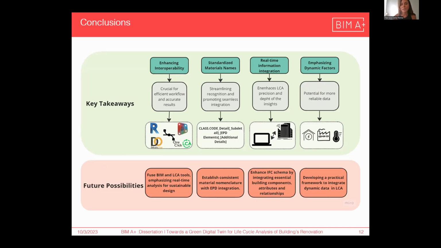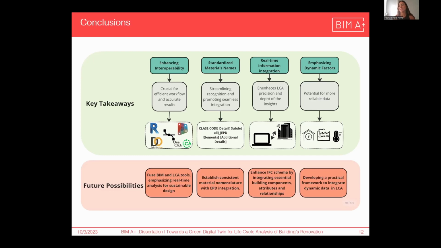Then, that it would be really helpful to have a standardized name for the materials and for the parts of the building, because that will streamline the recognition of the materials.